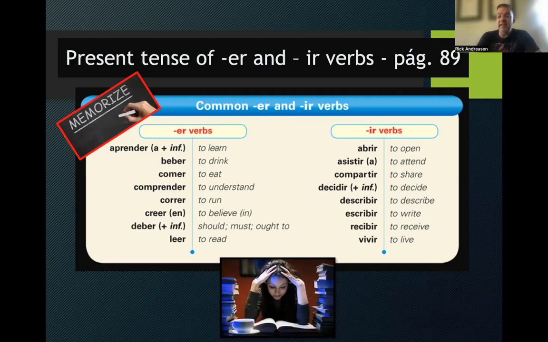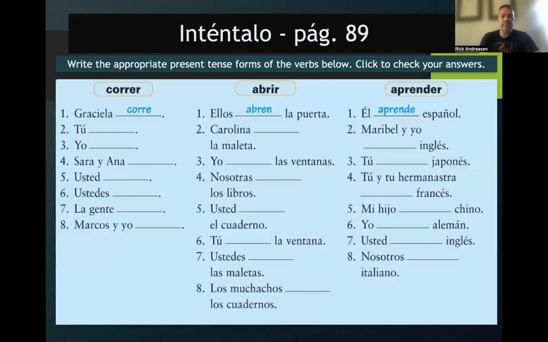And then decidir is another very common one to put with two verbs together, the second one being the infinitive. So decido estudiar español. Decido trabajar mañana. So the second verb again stays in the infinitive, and there's no preposition, the word a, for example, does not follow that one.